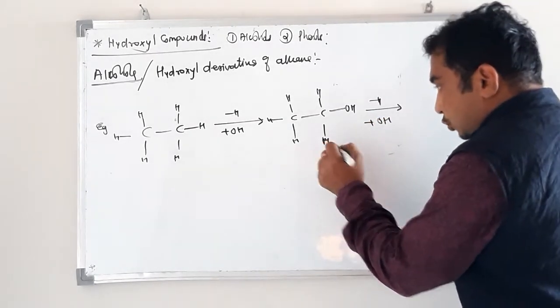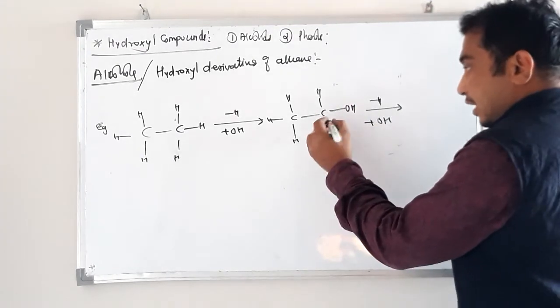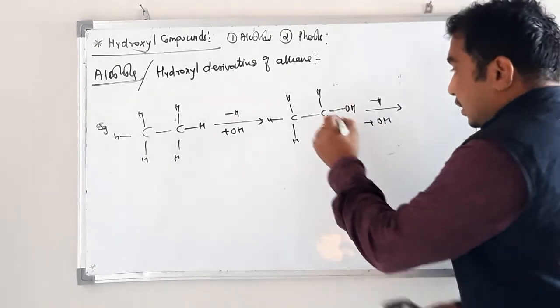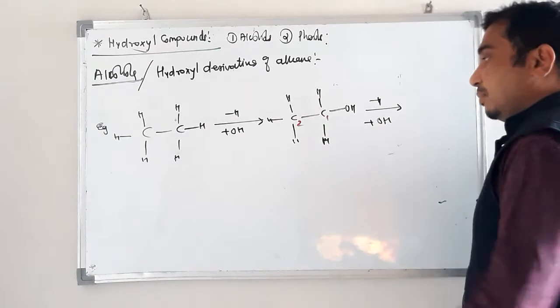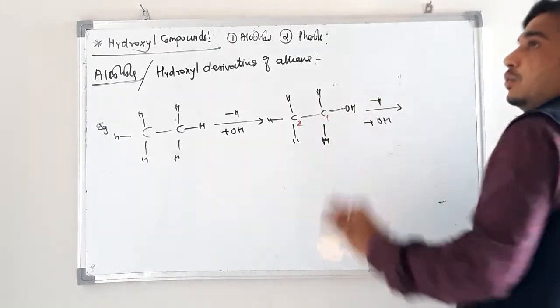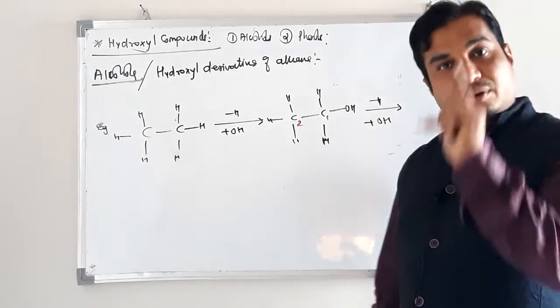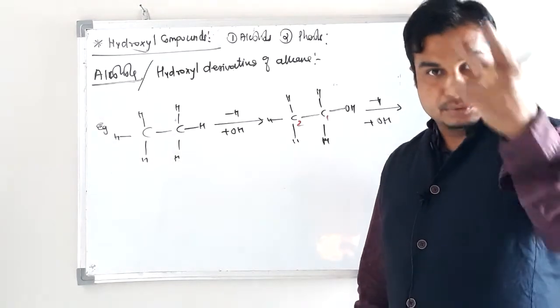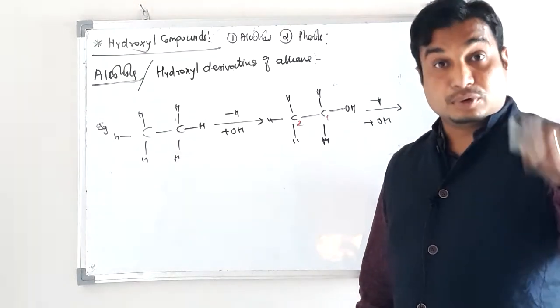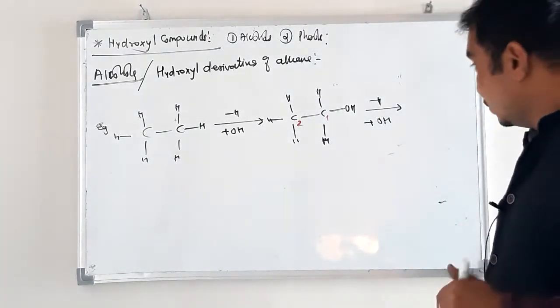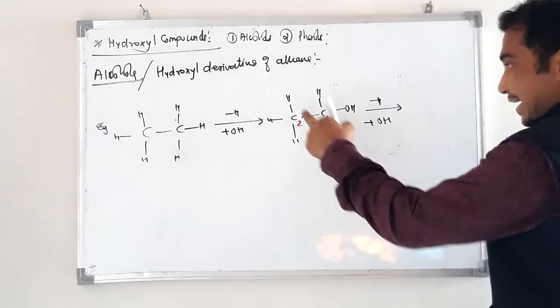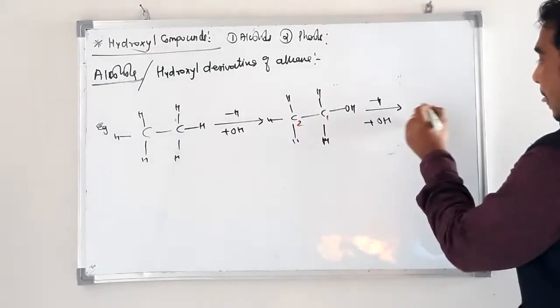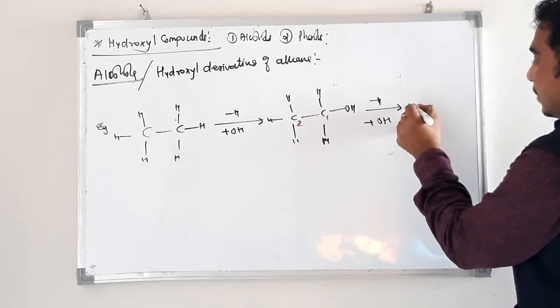Again replace one more hydrogen, but it is not possible to replace hydrogen from carbon number 1, because carbon number 1 already has one OH group. So we cannot attach a second OH group on that. That is one condition. So we have to replace hydrogen from carbon number 2, and then we get this type of compound.